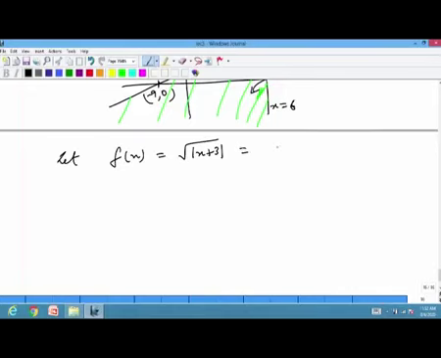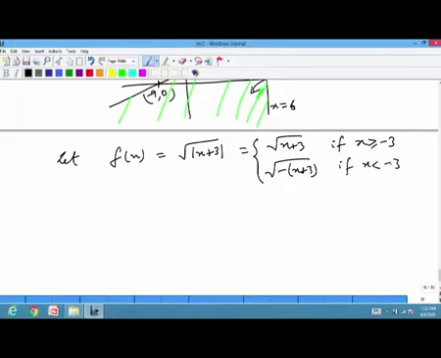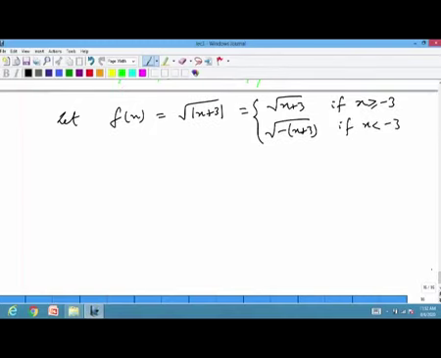This is equal to square root of x plus 3 if x plus 3 is non-negative, that is x is greater than or equal to minus 3, and it is square root of minus of x plus 3 if x is less than minus 3. So, this is of course symmetric about x equal to minus 3. So, we can try to draw this for x bigger than or equal to minus 3.